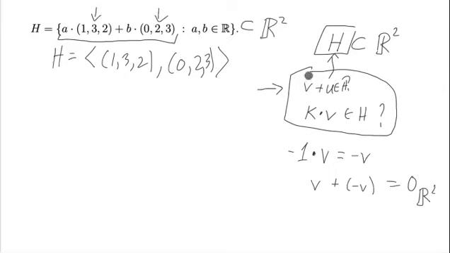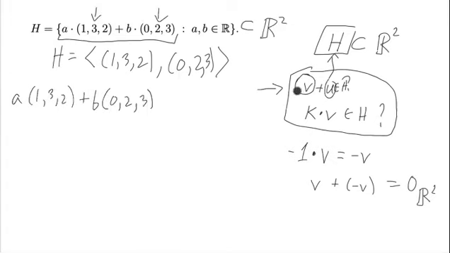We need to take two arbitrary elements of H. Look at the set builder notation. The set builder notation for H actually tells you what arbitrary elements will look like. They have this form where a and b are real numbers. So we have v and u. Let's represent both of them with this form. Suppose that v is simply some number a times (1, 3, 2), plus some number b times (0, 2, 3).